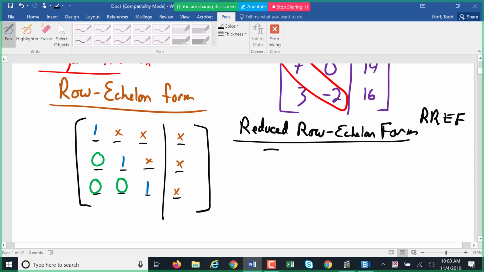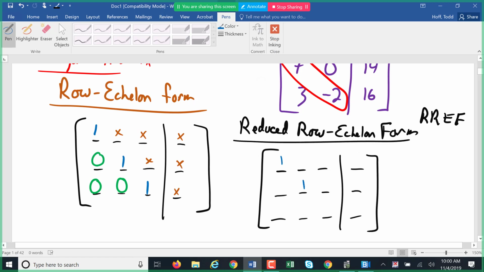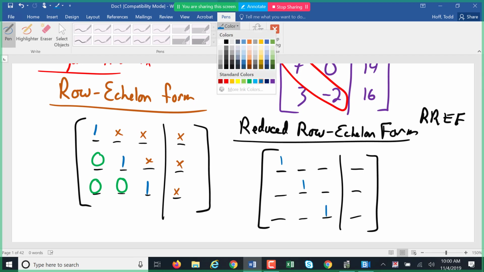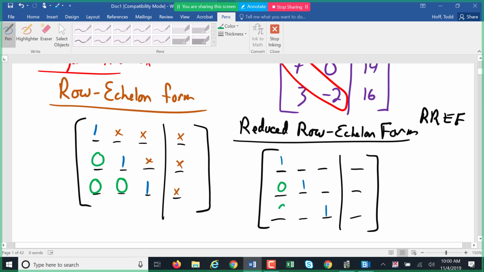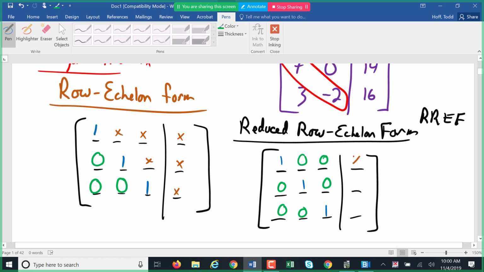And in reduced row echelon form, we still have ones along that diagonal, but now instead of having just zeros to the lower left, we also have zeros above and to the right, but the augmentation can still be whatever number goes with it.